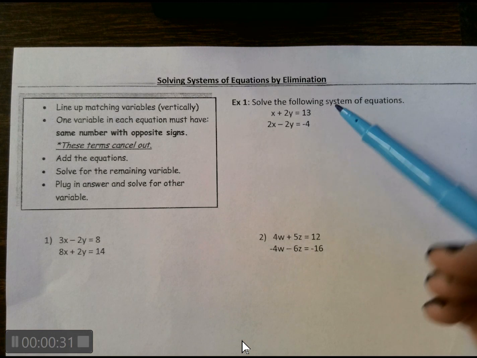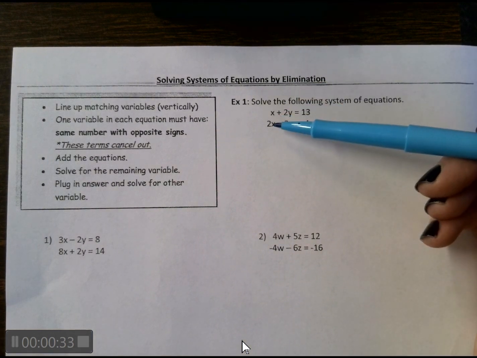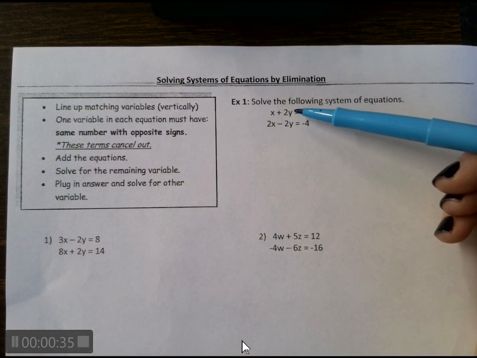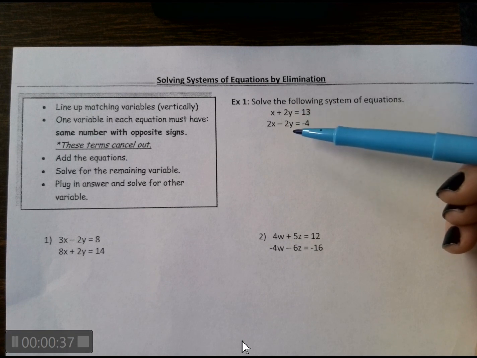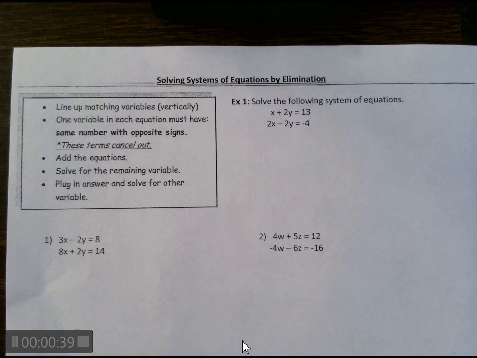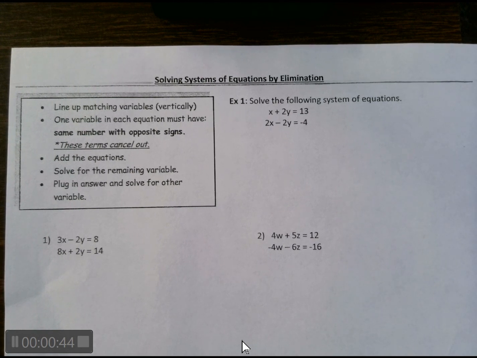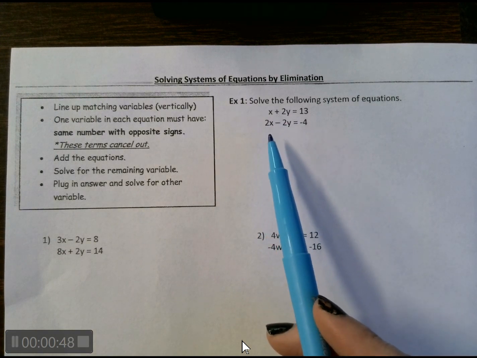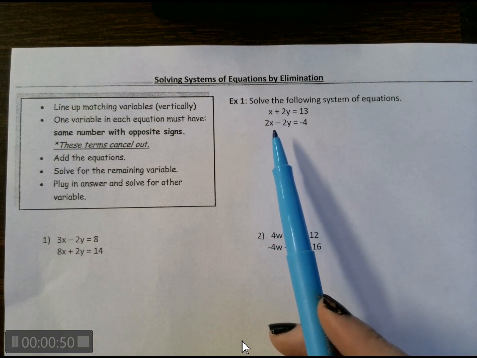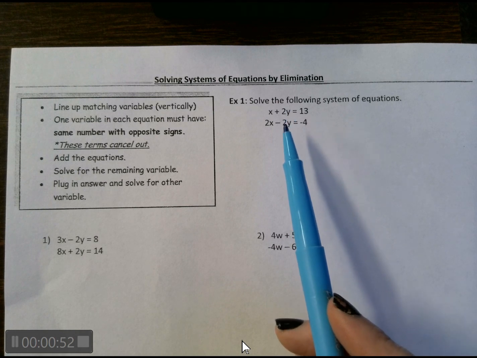Okay, so if we look at example 1, we want our x's to line up vertically, and we want our y's to line up vertically. Okay, and then one variable in each of our equations must have the same number. Do my x's have the same number? No. Do my y's have the same number?